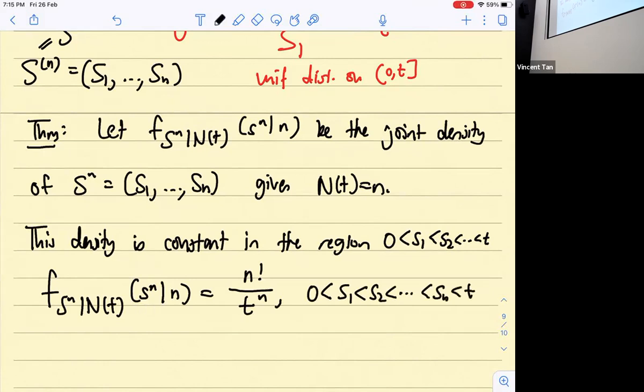So this s^n is shorthand for the vector s1 to sn. You see this guy here does not involve s^n, so it must be constant in this region. Now, if you are outside this region, this density is 0.